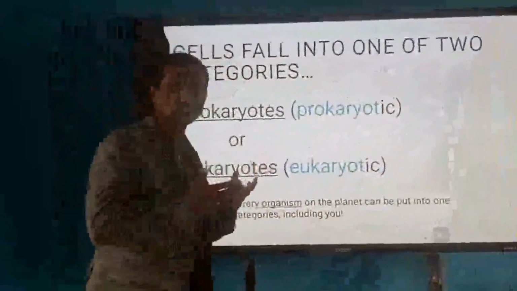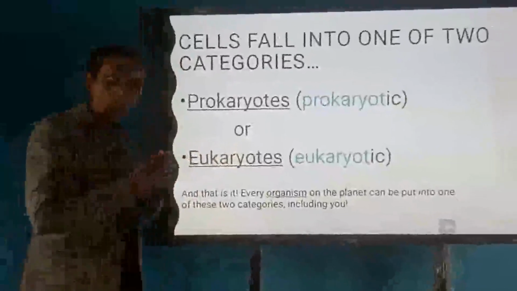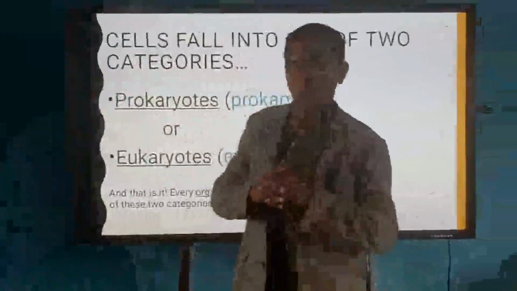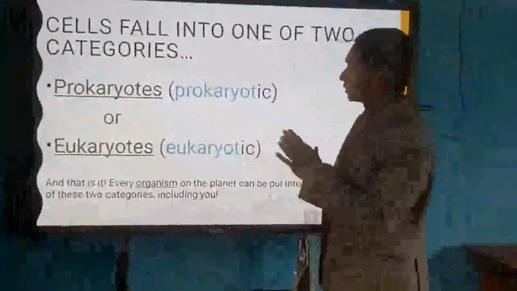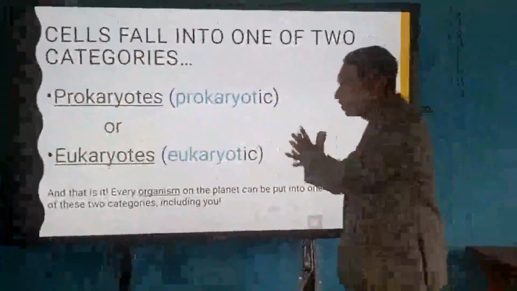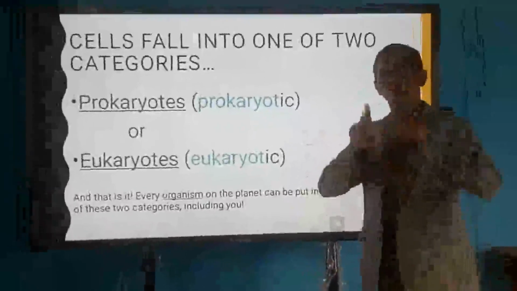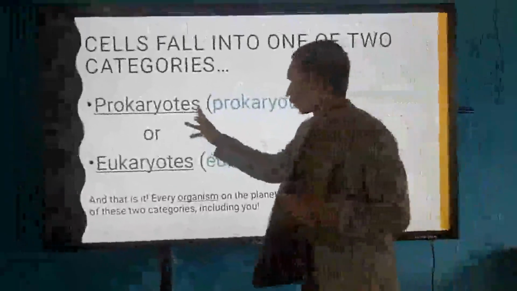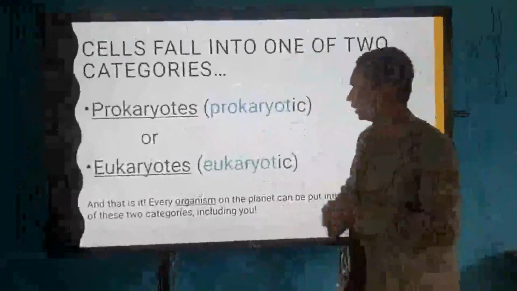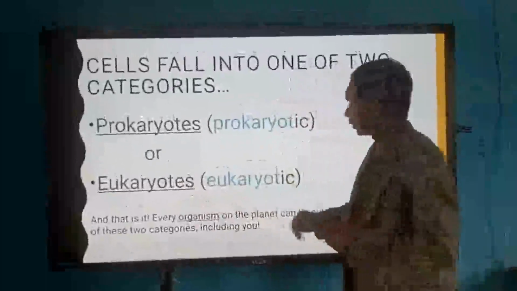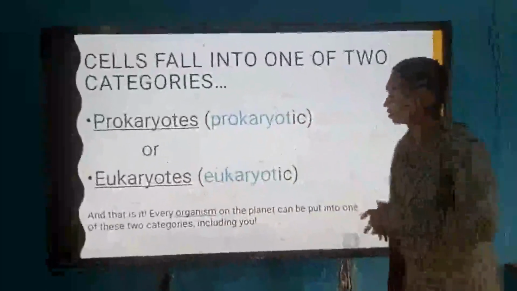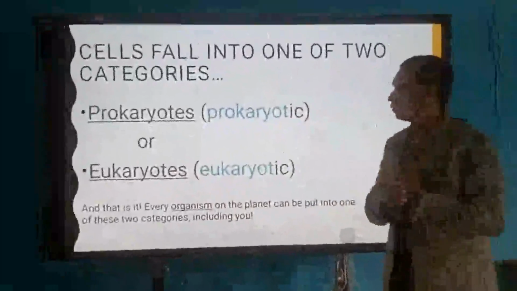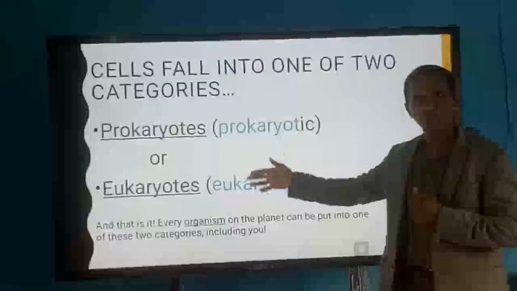Once we discuss unicellular and multicellular organisms, there is a very important part here. We have two different terms. The first one is the prokaryotes or prokaryotic cells, and the second is the eukaryotes or eukaryotic cells. Let's see what these two terms mean.